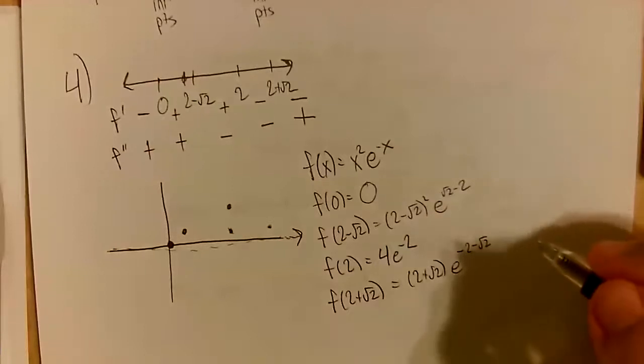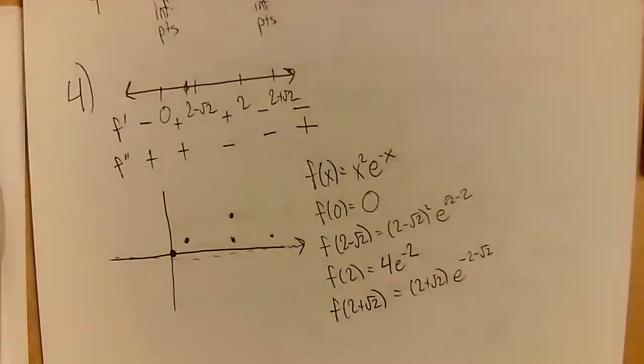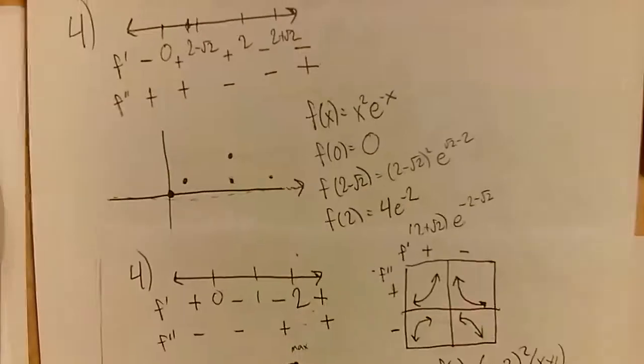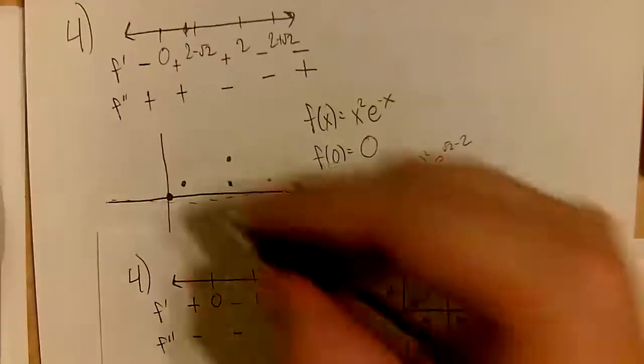All right. So let's go ahead and begin drawing our graph here. Before 0, we know we're decreasing, but we're concave up. So let me have the 4 shapes here to remind us. We're decreasing and concave up, meaning we're looking like this right here.